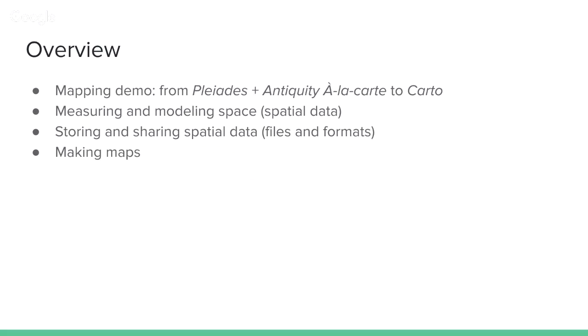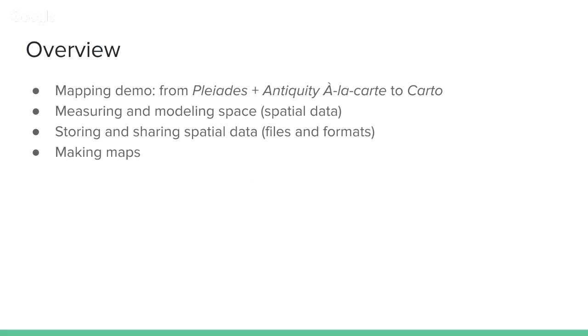And what I want to do is pick up from Pleiades, which Valeria did such a fine job explaining to us a couple weeks ago, and make our way into one of the generally available online mapping tools that are currently at our disposal. And we'll do that by way of Carto, and by way of another tool called Antiquity À la Carte. And I'll explain each of those, and we'll walk through them.